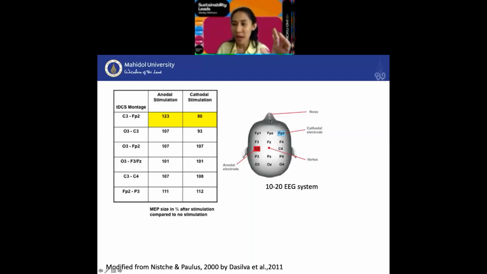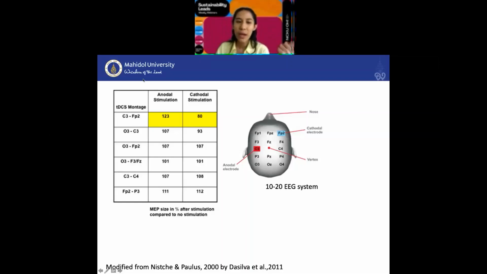What they found is that when we put anode or cathode, which we call the active electrode, the one that we expect to have the polarity effects, you put it on the motor cortex. And then you put another one, the reference electrode, over the contralateral area.